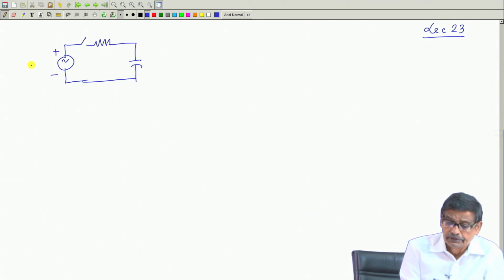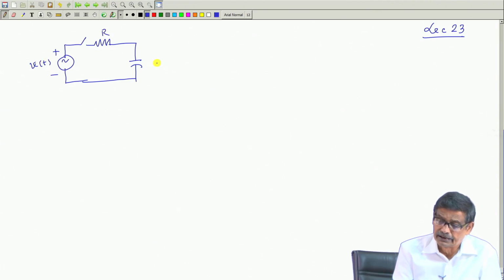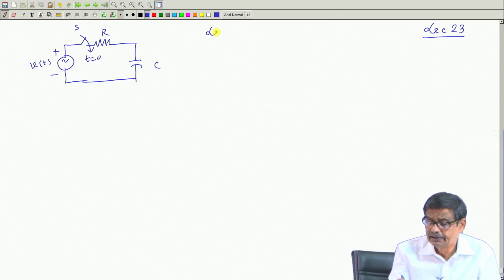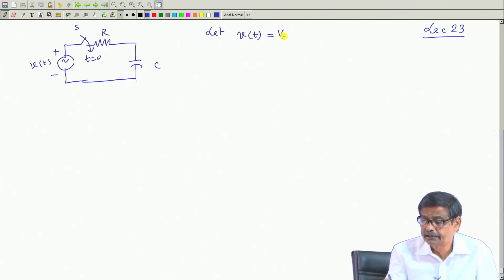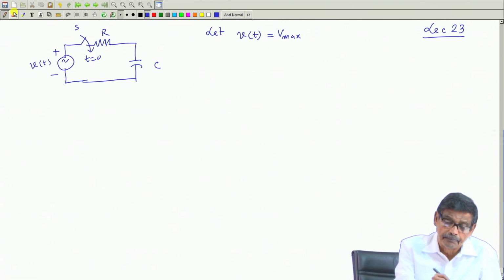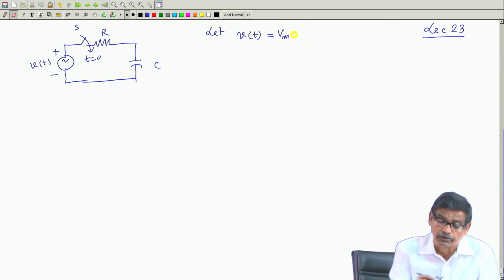So, this is V t, and I will do it rather quickly. The switch will be closed at t equal to 0, and let V t be equal to V m sin omega t.